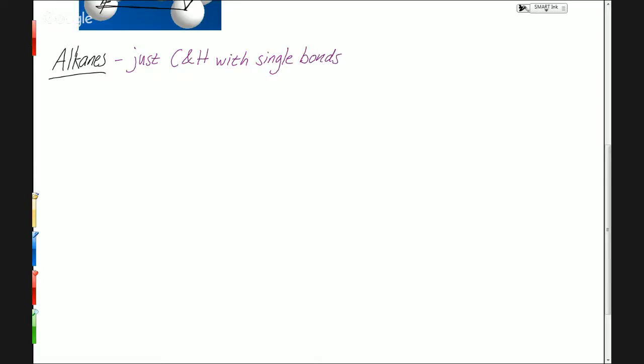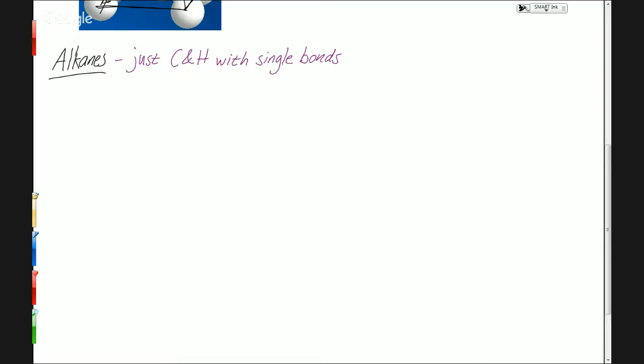When we looked at the Lewis structures, we talked about how you can sometimes have multiple bonds between atoms. We'll get into that with organic compounds too. But this first category, all these structures just have carbon and hydrogen, and they're just made with single bonds. And one thing we're going to learn from these compounds is the basic names of the organic structures. Based on how many carbons there are, we give them different names.